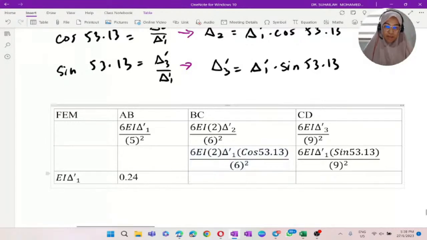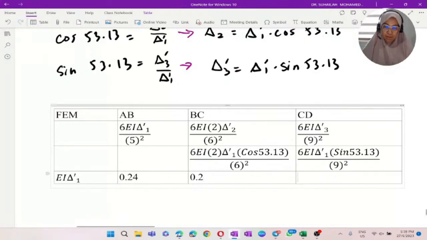Okay, it is 6 times 2 times cos 53.13. We have to divide by 6 square. We get 0.2.